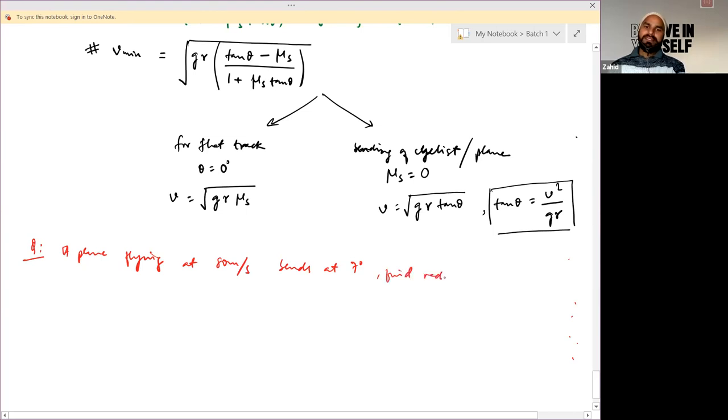Find the radius of that path. Take gravity to be 10. Try to solve.